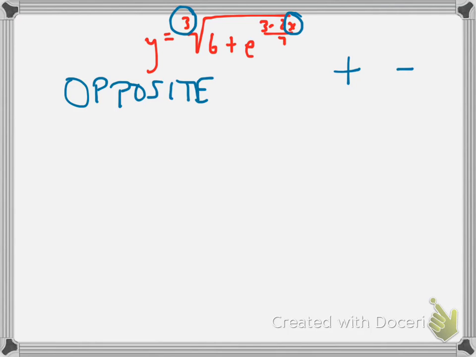The opposite of multiplication is division. The opposite of x cubed would be the cube root, and the opposite of the natural log would be e raised to whatever we have. So it's going to be important that if you see a cube root, we want to cube that value.